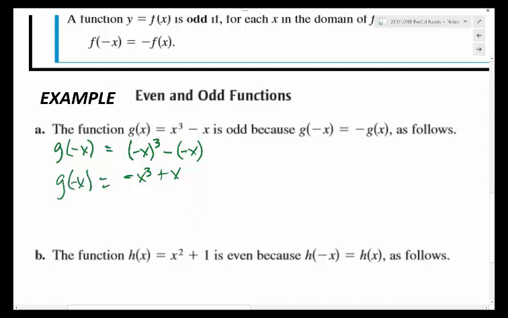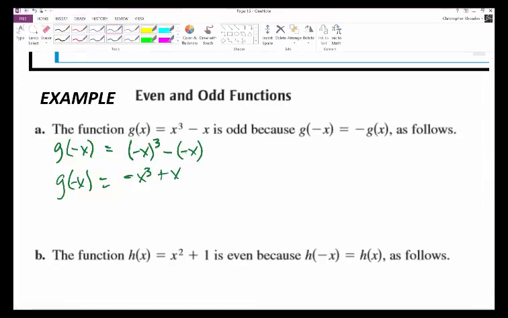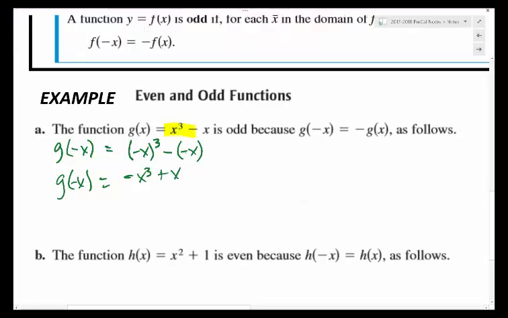So g of negative x equals negative x cubed plus x. When I compare this function to this one, notice the signs are flipped.